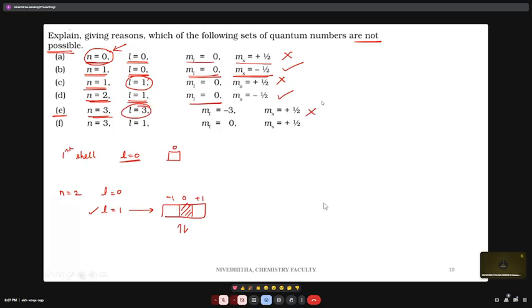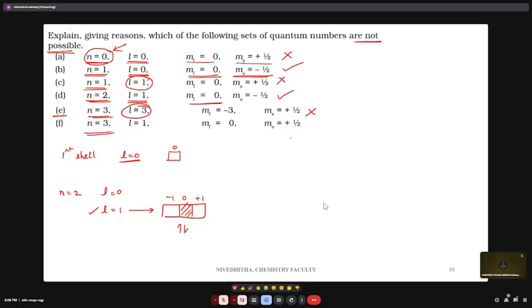How about F? I think it is correct. It is right.